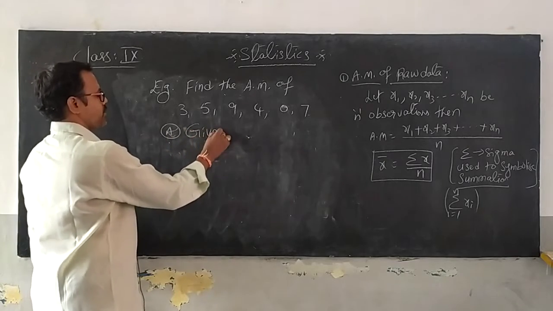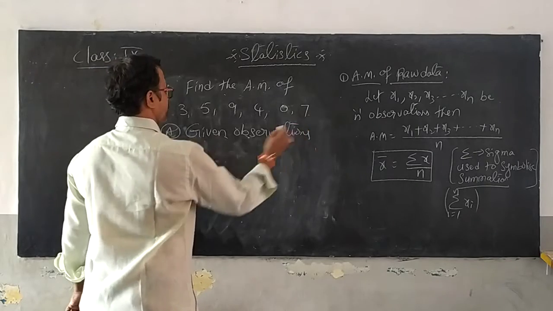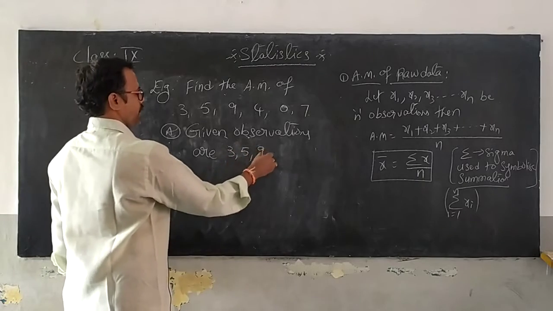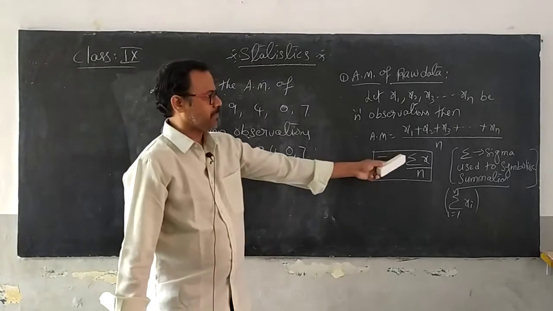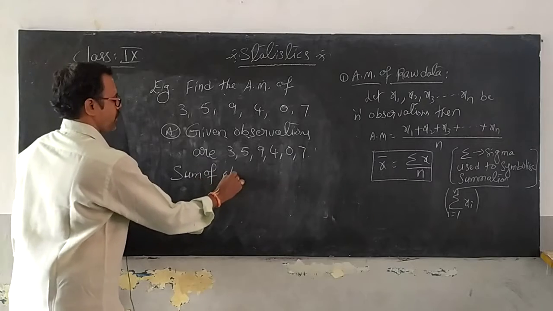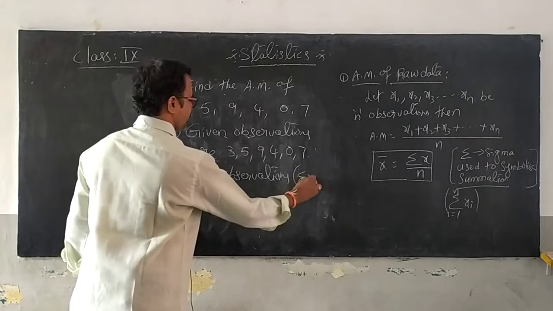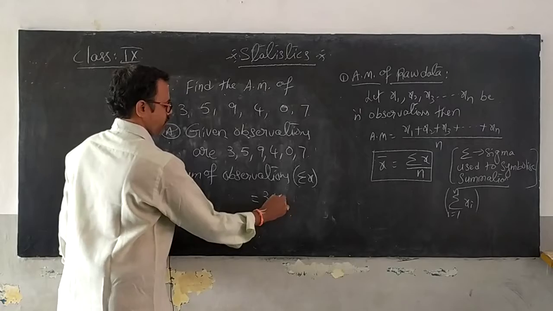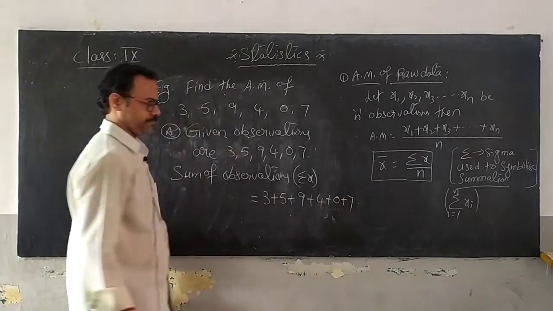First of all, you will write the given observations: 3, 5, 9, 4, 0, 7. Now first of all, you need to find sigma x, that is the sum of observations. So sum of observations, which you represent as sigma x, is equal to, come on, add all of them: 3 plus 5 plus 9 plus 4 plus 0 plus 7.